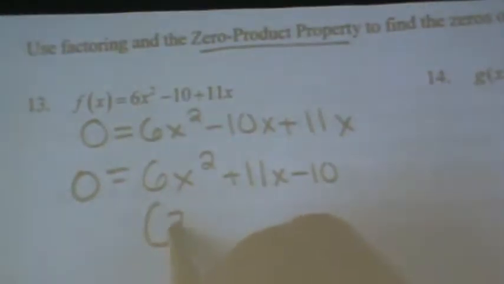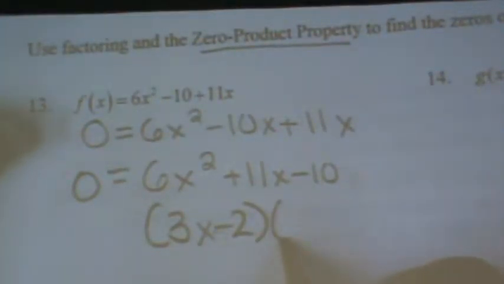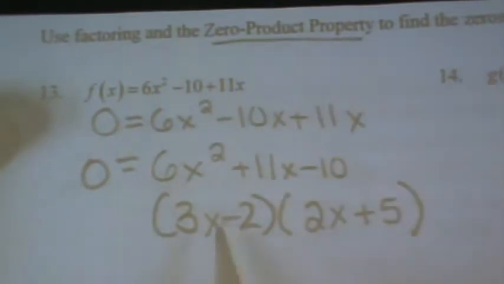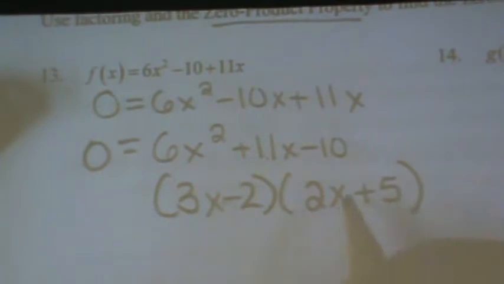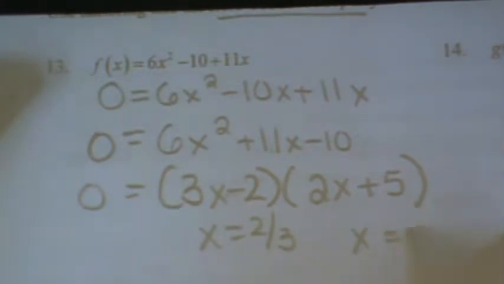You get 3x minus 2, and then 2x plus 5. So this factors to be 15 minus 4 is 11. So now what are your answers? 2/3 and negative 5/2.